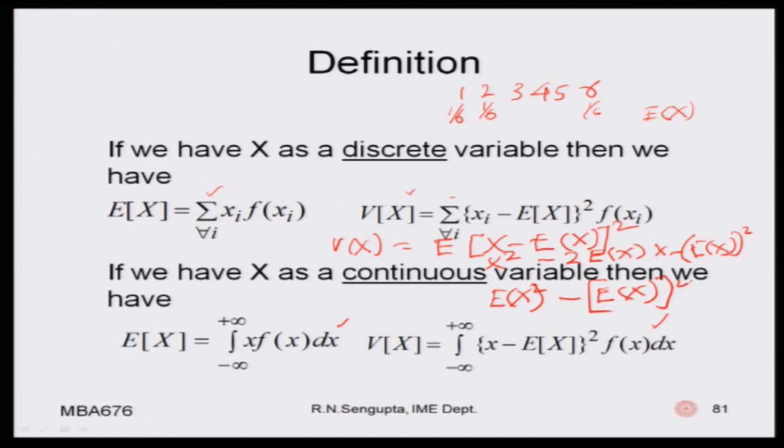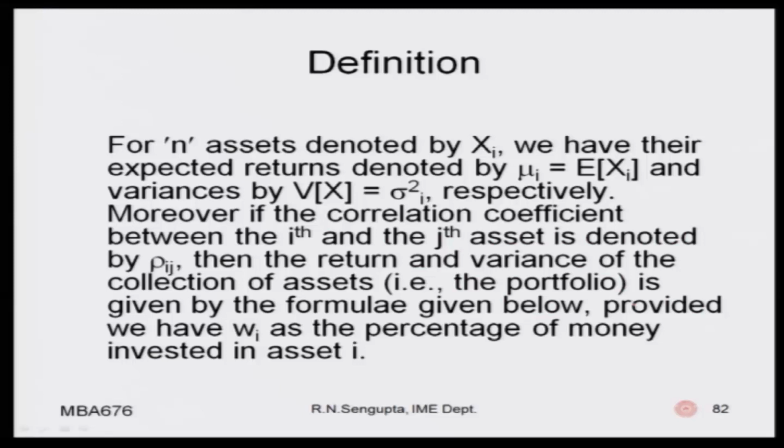That means the first term is finding the expected value of the square of the random variable, and the second term is finding the expected value and then squaring it up. We will see later how it can be utilized to find out the variance for different types of random variables depending on the problems which we solve.